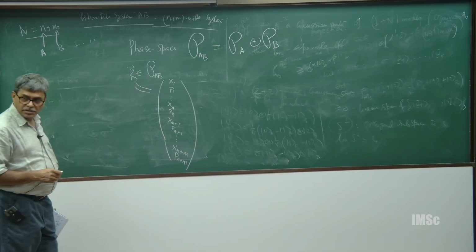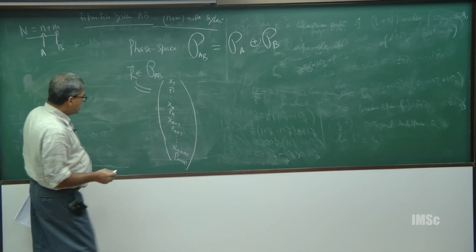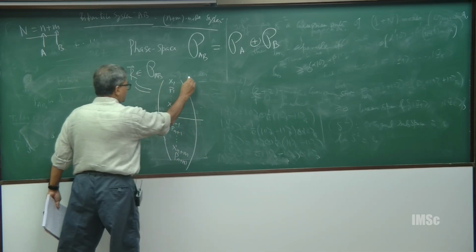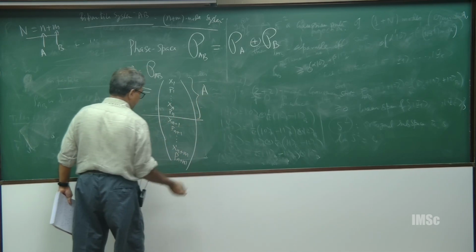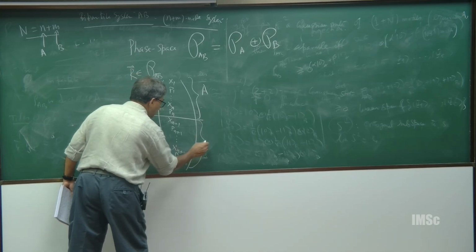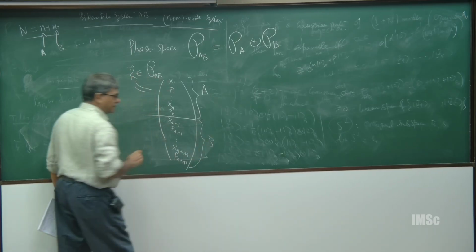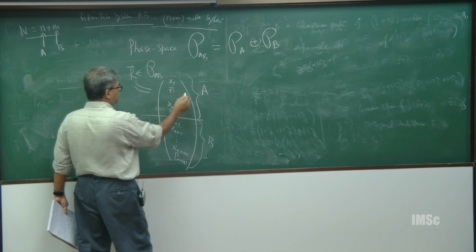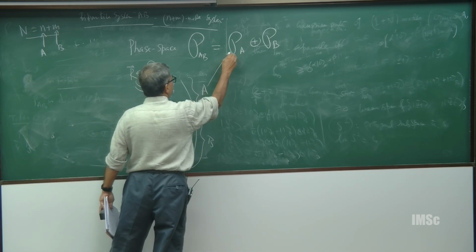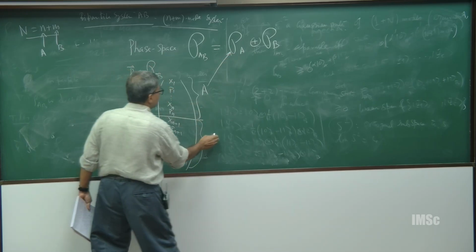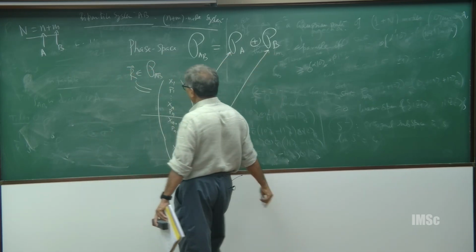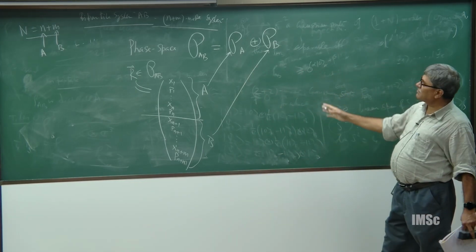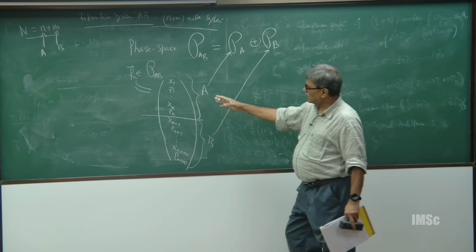Now I group this part, which corresponds to the A subsystem, and from here to here this corresponds to the B subsystem. Therefore, this part corresponds to this phase space and this part corresponds to this phase space. So, this is the direct sum of these two phase spaces.